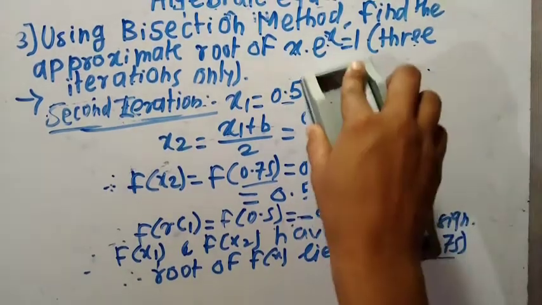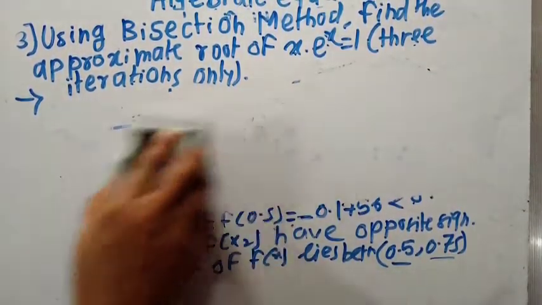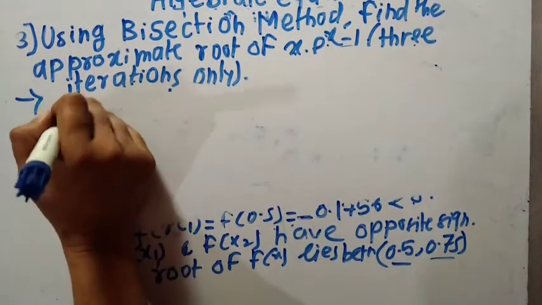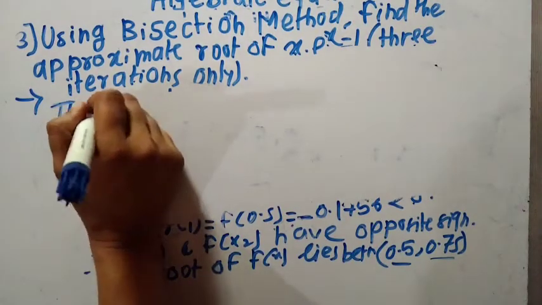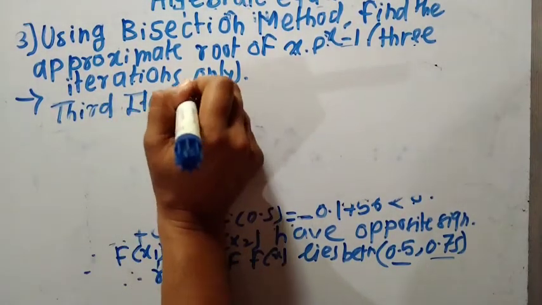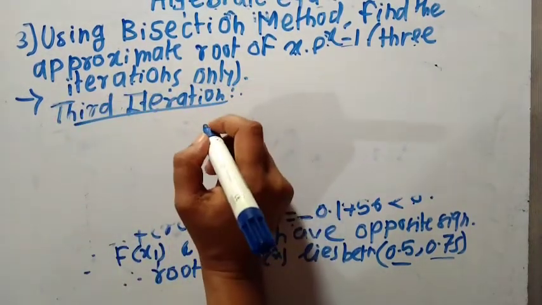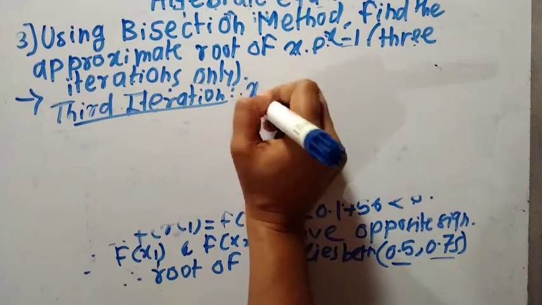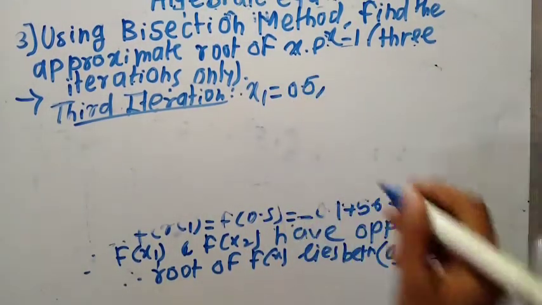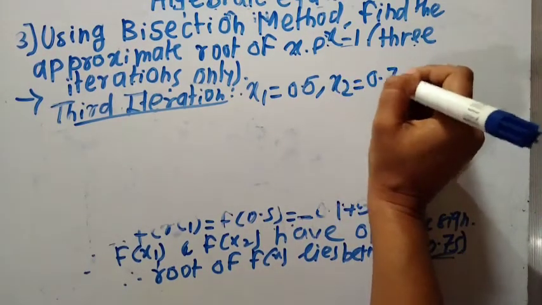Then we have to find up to the third iteration. So then third iteration is, now take x1 is equal to 0.5 and x2 is 0.75.